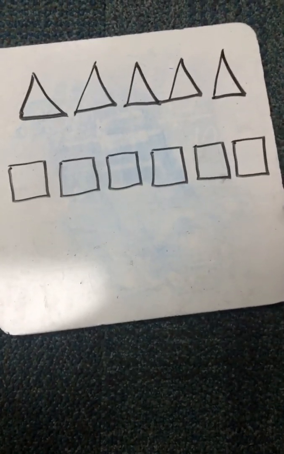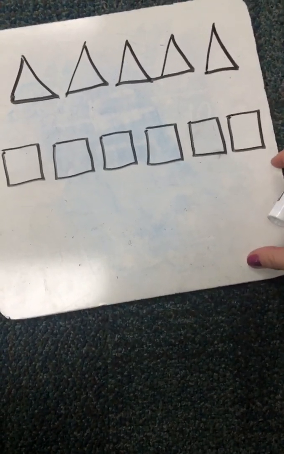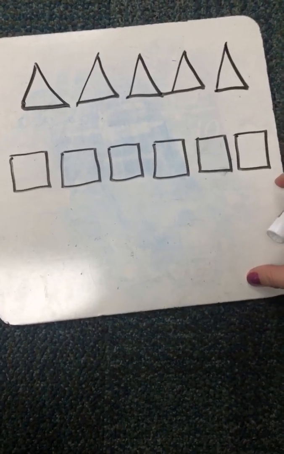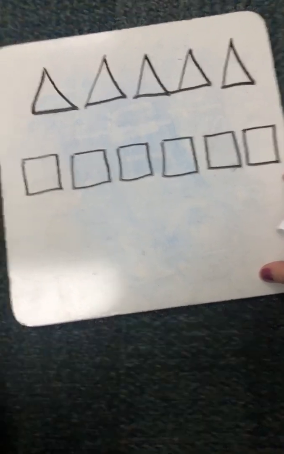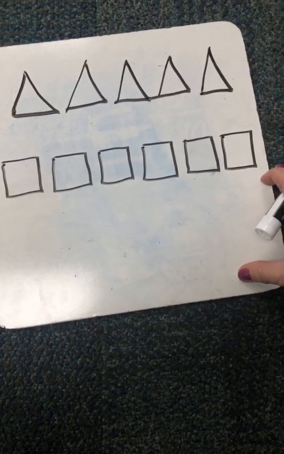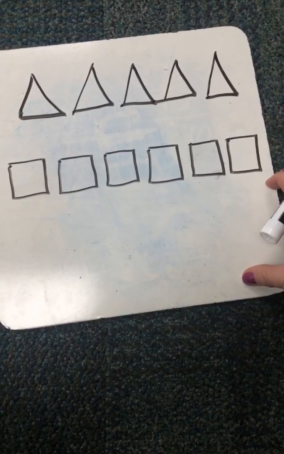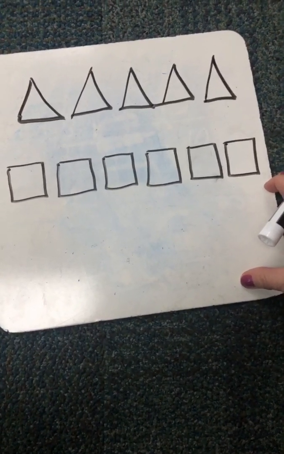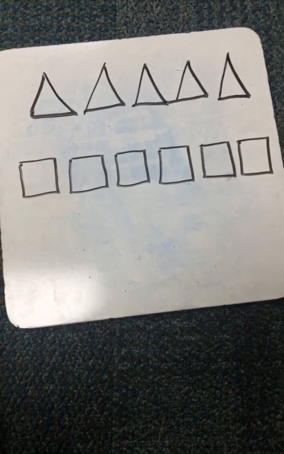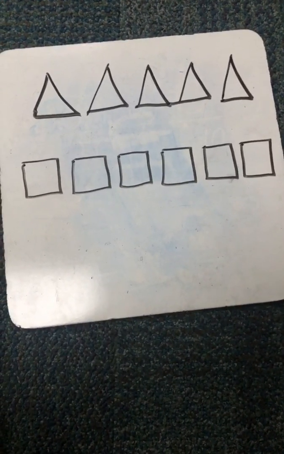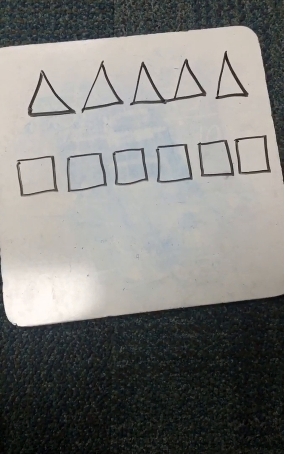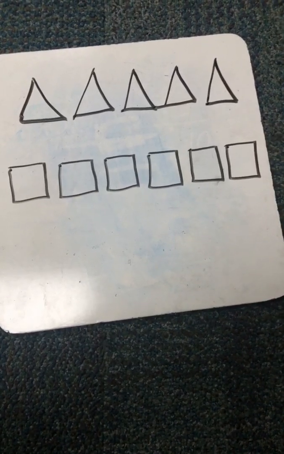Okay, now whenever I have my triangles and I have my squares, it's kind of hard to tell which group has more and which group has less. So we can use a strategy like we did with our shapes just a minute ago and we found their partners. But this time, since we're using a pencil or a marker, we can draw the line between them to find their partners. That's another strategy you could use.